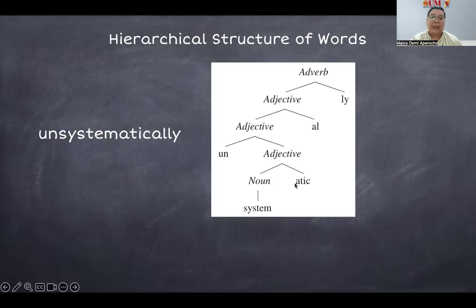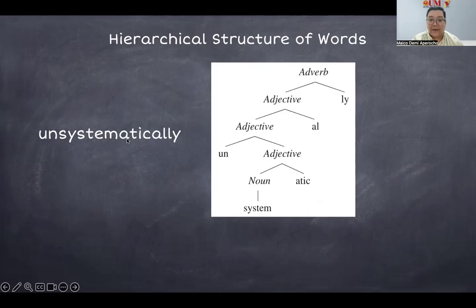Now, if you have the word unsystematic, how do we parse out the prefix, or maybe the affix to be generic? We parse out first the prefix "un" so that what's remaining here is systematic.